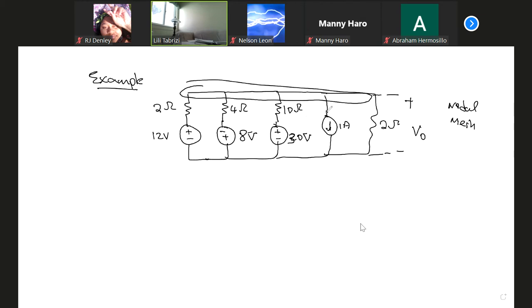Nothing is in parallel. I mean, the whole branches are in parallel, but the elements are not in parallel. The best method, the fastest method for this problem, because you have an overall look of parallel but elements are not in parallel, is source transformation.